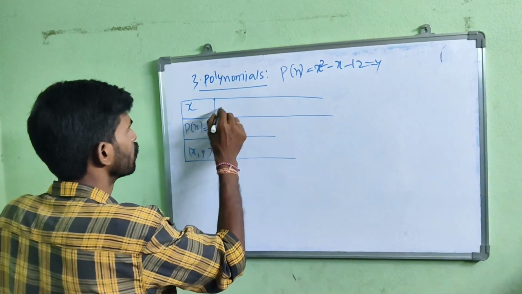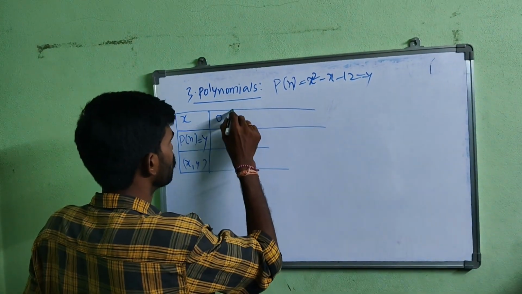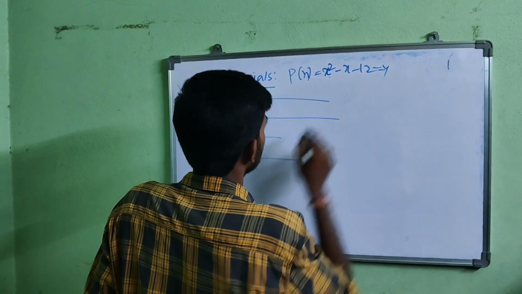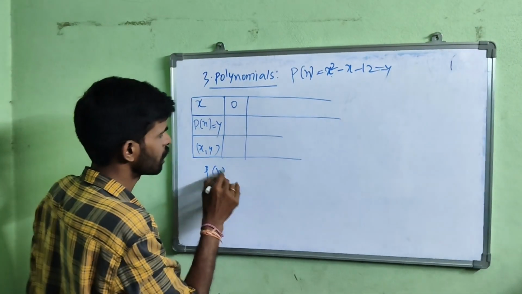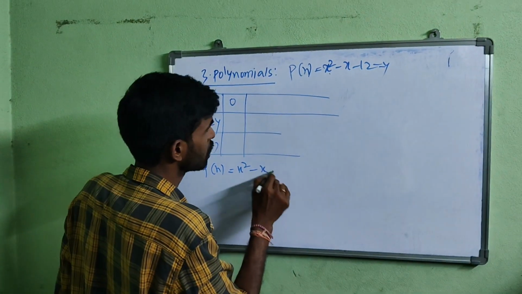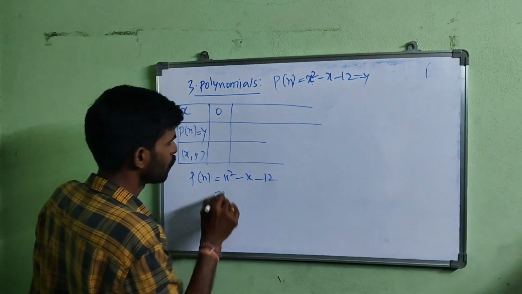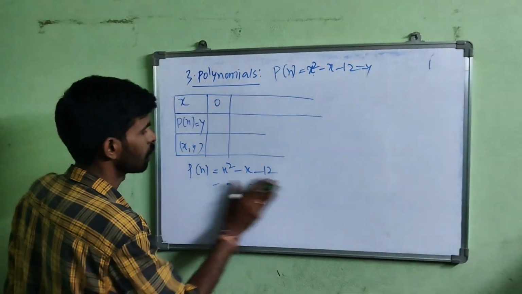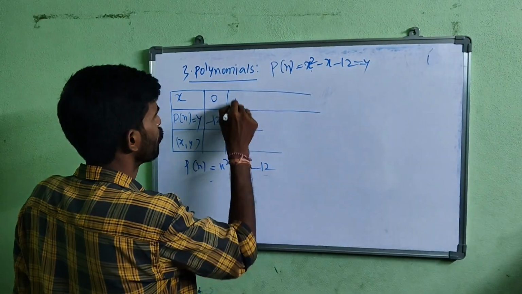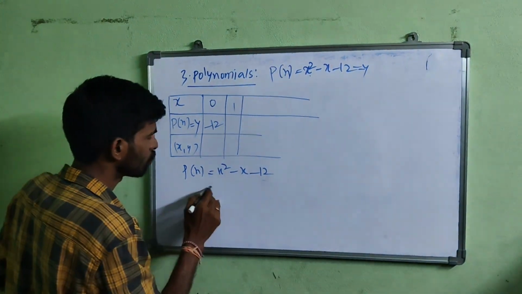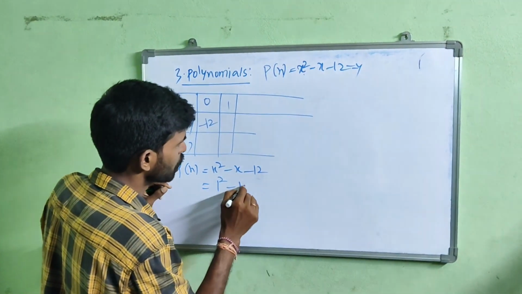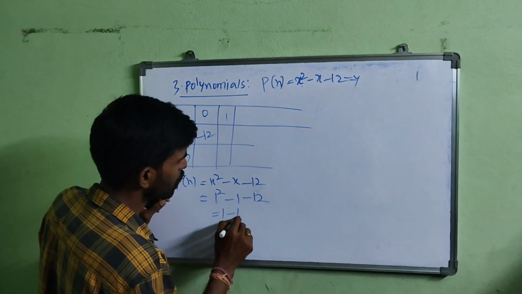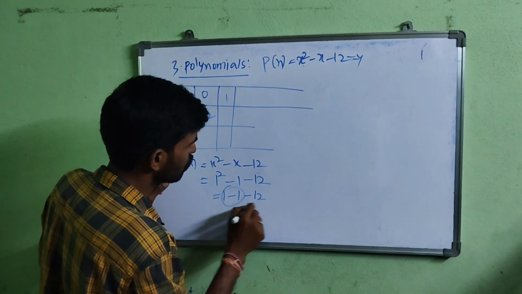Okay, now first of all substitute 0. What will be the answer? P of x equal to x square minus x minus 12. If it is 0, 0 minus 0 minus 12, what is the value? Minus 12 is the answer. If I take 1, 1 square minus 1 minus 12. 1 minus 1 is 0.